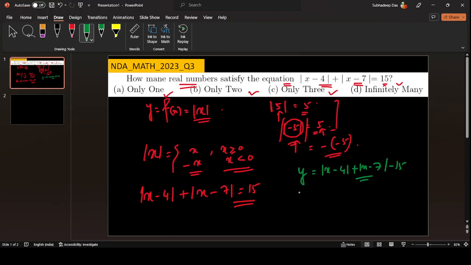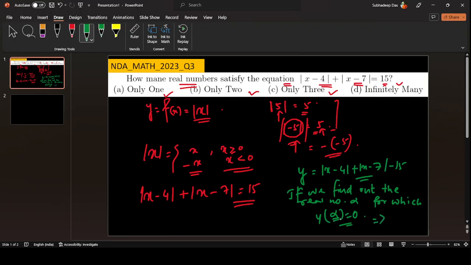The requirement is that if we find the real numbers alpha for which y(alpha) = 0, then we are done.